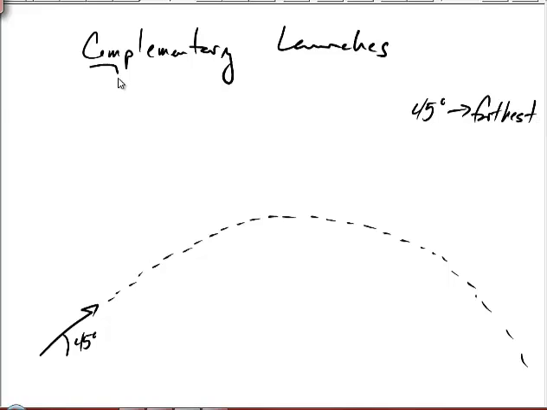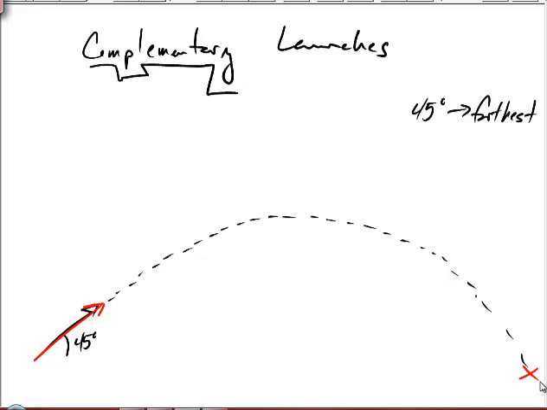And I wrote the word complementary up here. That's a word that comes and haunts us from our geometry past. Complementary angles add up to equal 90 degrees. So the complement of 45 is 45, meaning if I launch at this 45-degree angle, or at this 45-degree angle, they're both going to end up in the same spot.